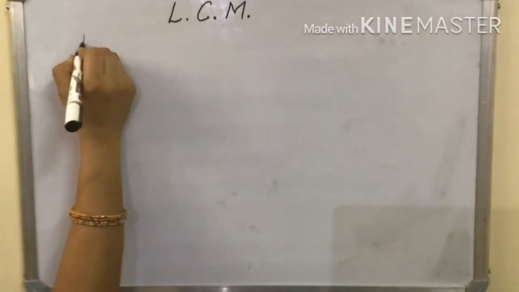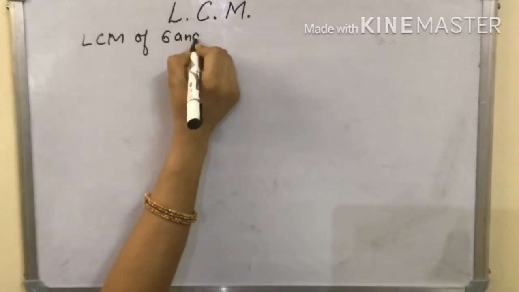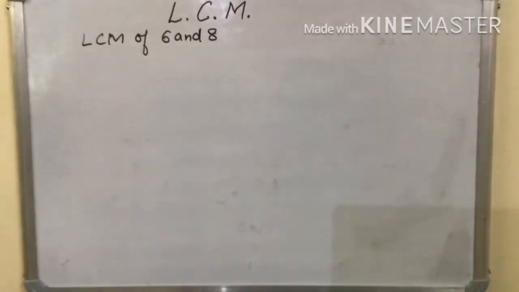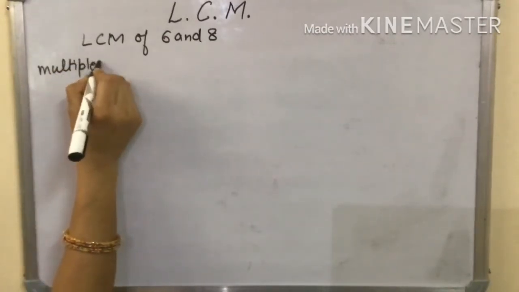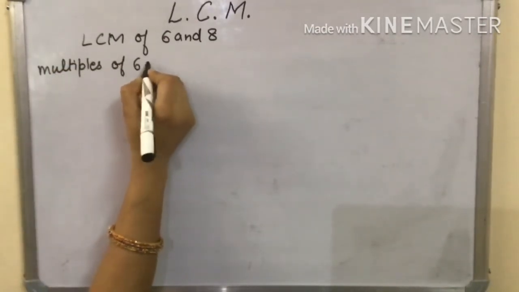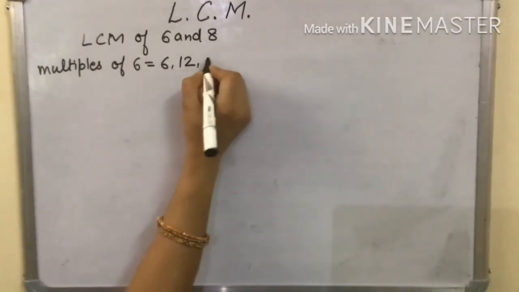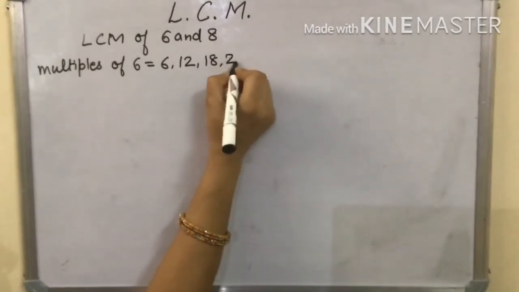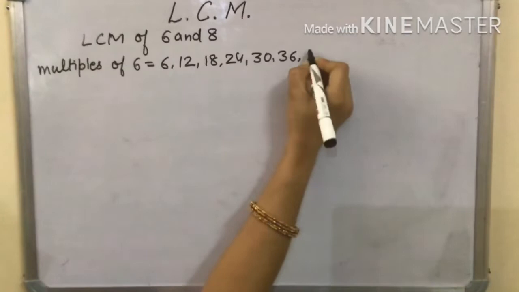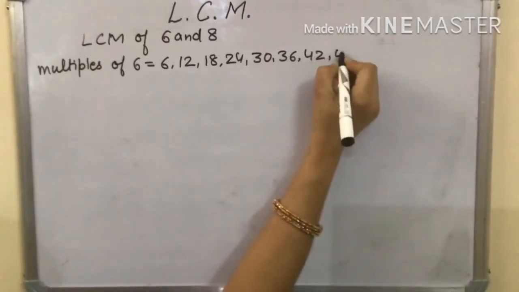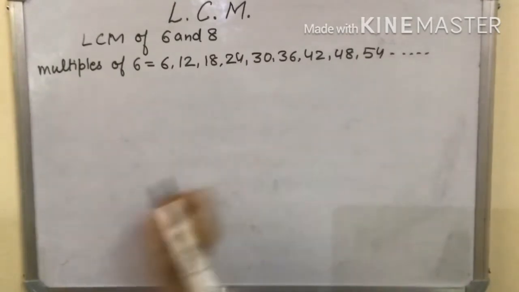Now we find LCM of 6 and 8 by common multiple method. Now first of all we will write multiples of 6. Multiple of 6 is 6, 12, 18, 24, 30, 36, 42, 48, 54 and so on.